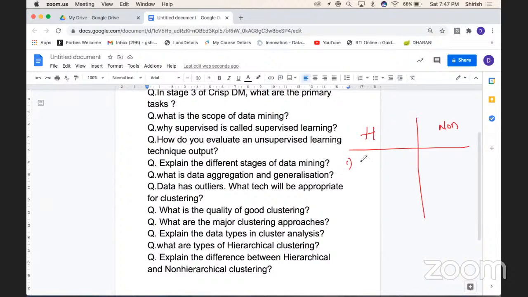First, hierarchical means it finds natural grouping. Correct? It finds natural grouping. No need to specify how many clusters are required, no need to specify the number of clusters.